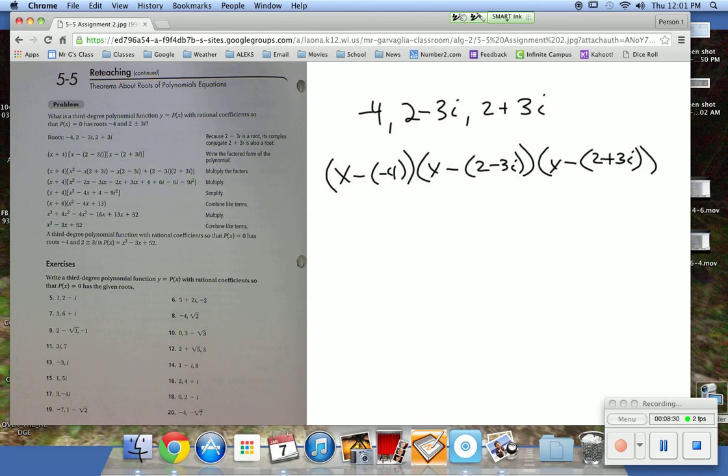Now you got to multiply them together. So here we're going to simplify this a little bit. x plus 4, x minus 2 plus 3i, x minus 2 minus 3i, and you got to multiply them together.